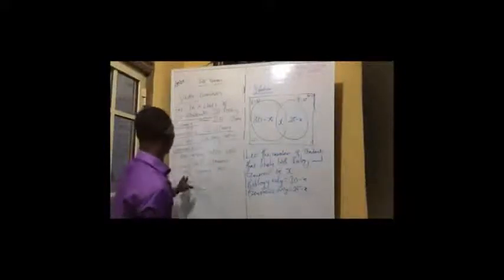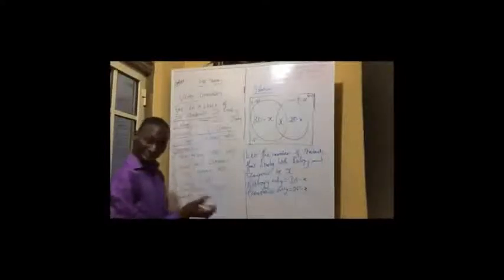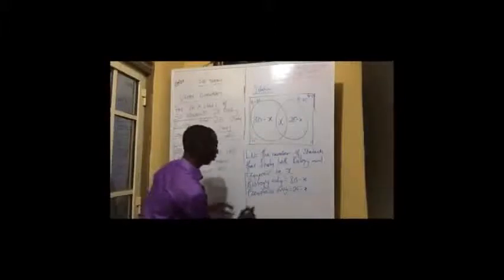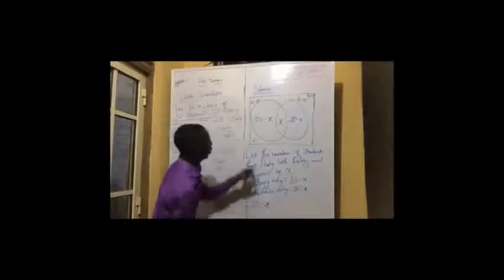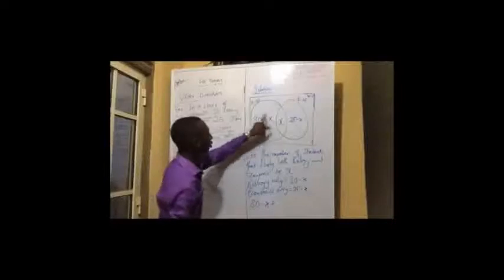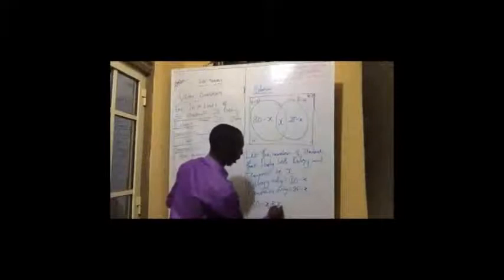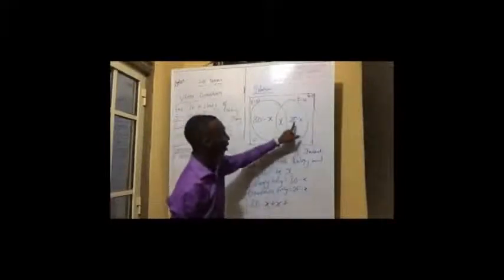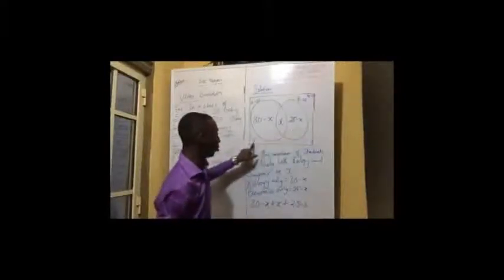Now, to get the number of students that take both biology and economics, I think the answer is already there. So I would have 30 minus X, that's the number of people that study only biology, plus those that study both biology and economics, which is X, plus the number of students that study only economics, that's 25 minus X. Don't forget, 15 people are still here.